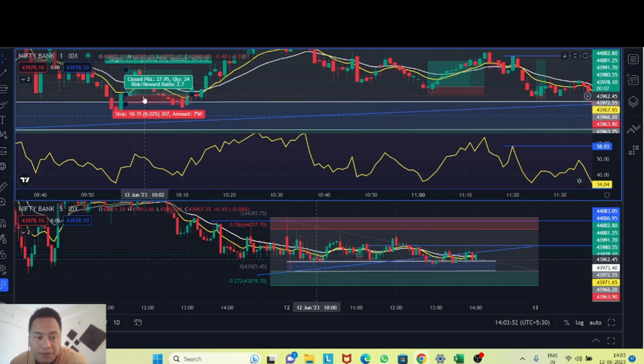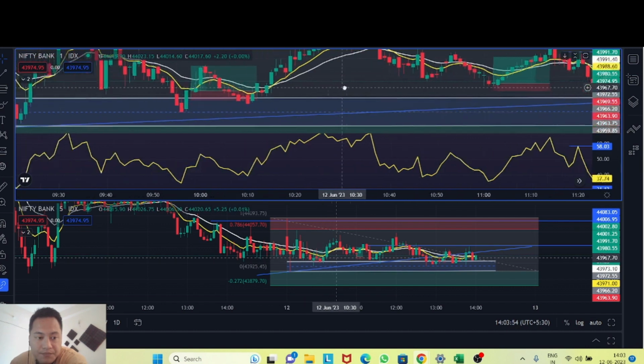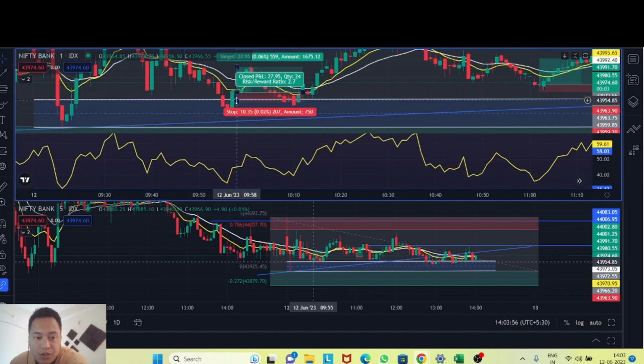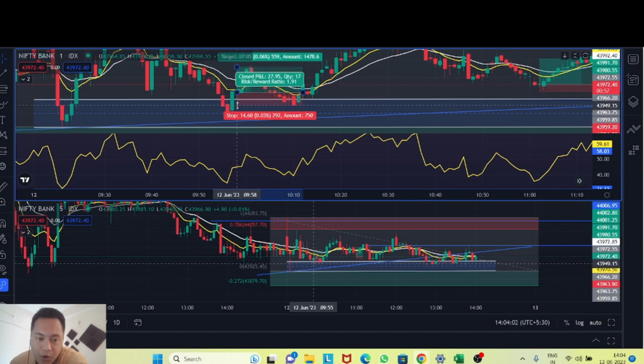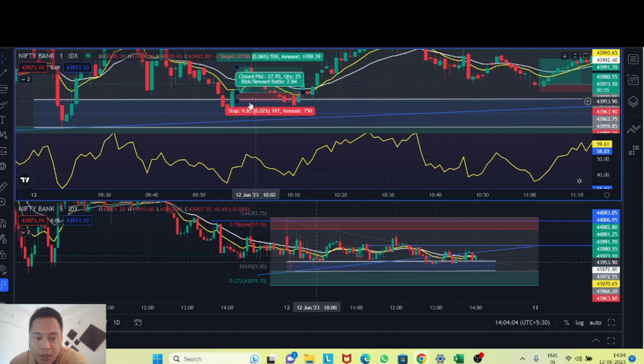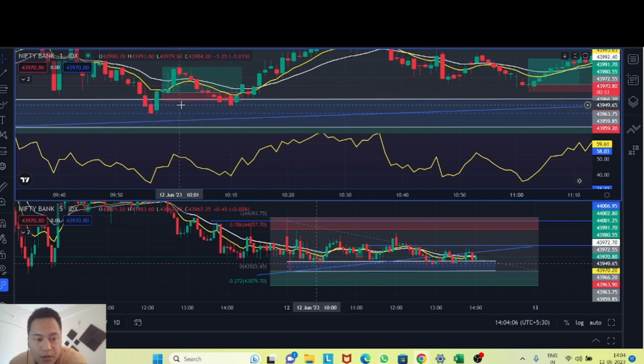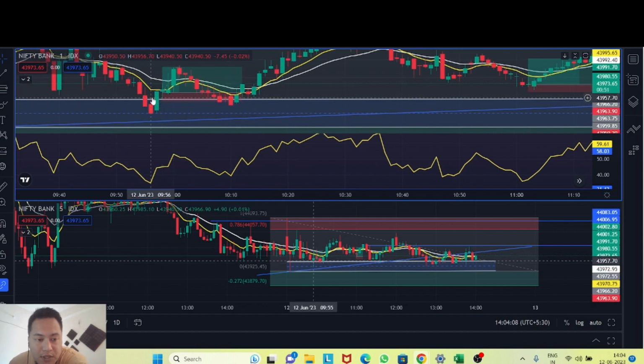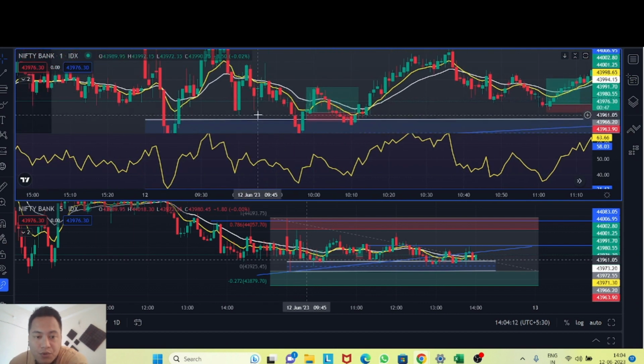So I entered on this candle, which was initially turning red, before it was even formed properly.